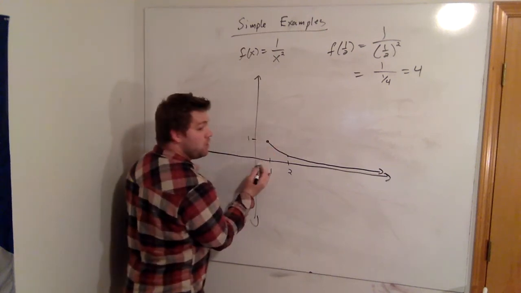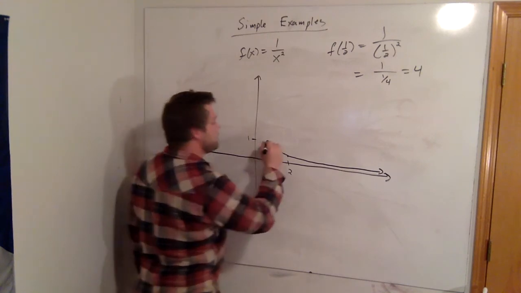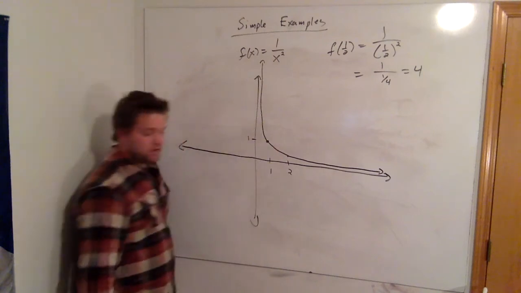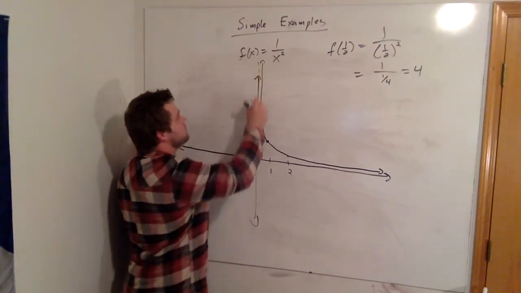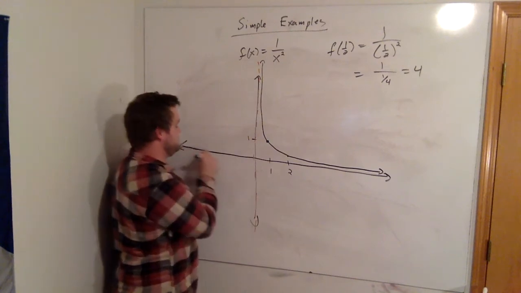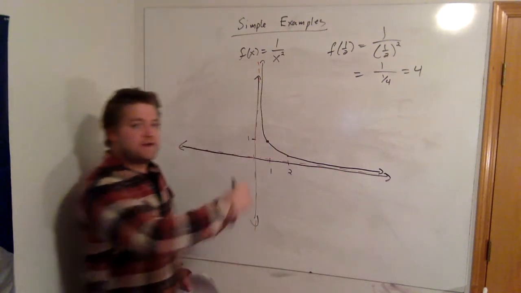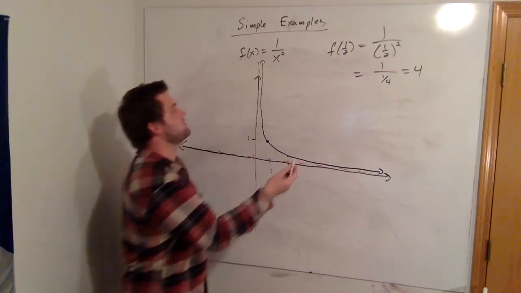So the numbers I plug in that are getting closer to 0, the outputs are getting larger. Okay. So notice here, for this graph, I still have this vertical asymptote, and I still have this horizontal asymptote. So already, at least on the right-hand side, just shape-wise, this looks a lot like 1 over x.